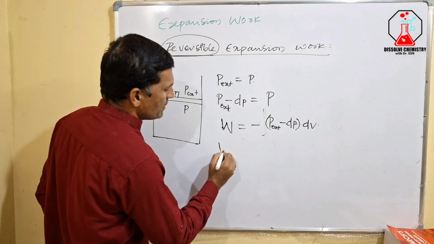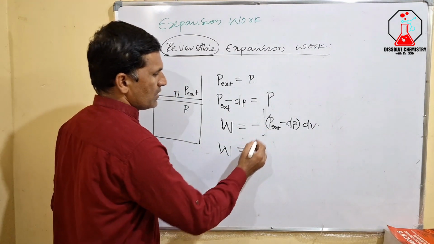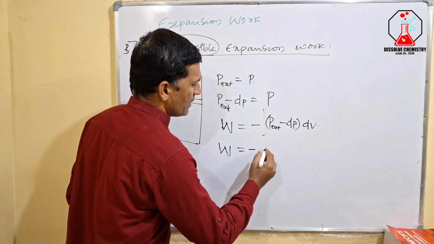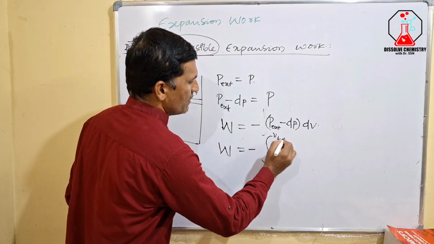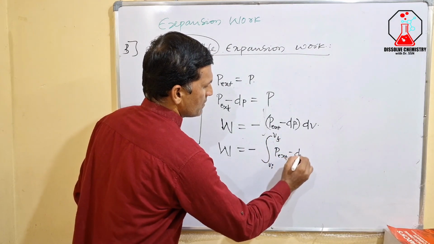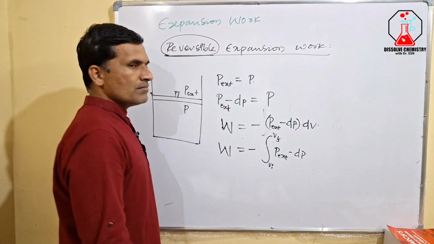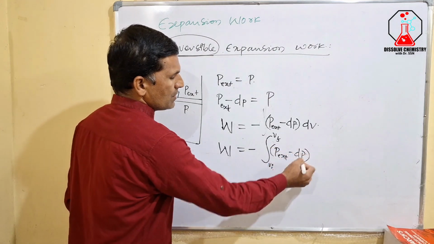To get the total work done by the system, we have to integrate between the limits V initial and V final, P external minus dP. So now what happens?